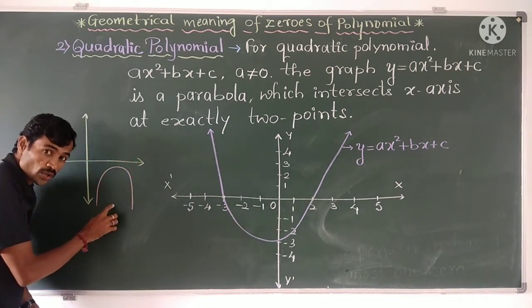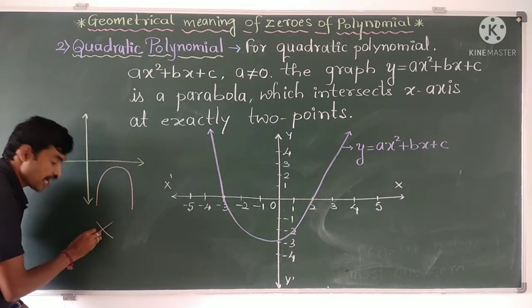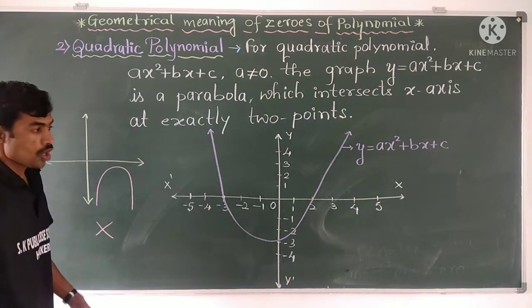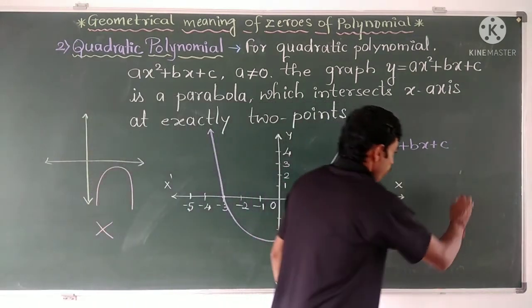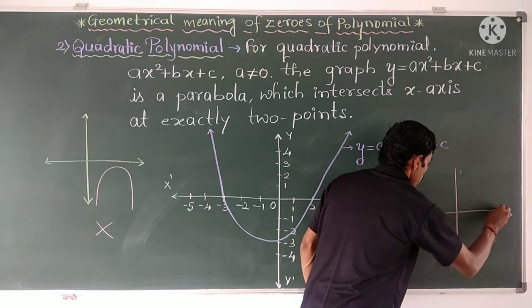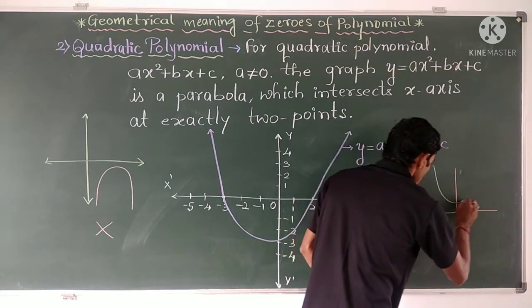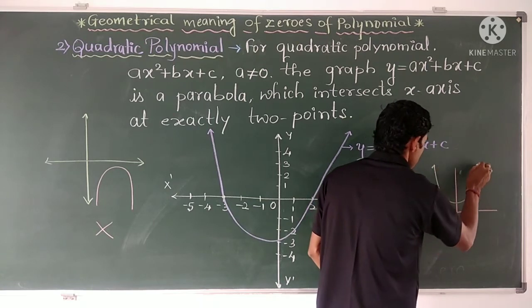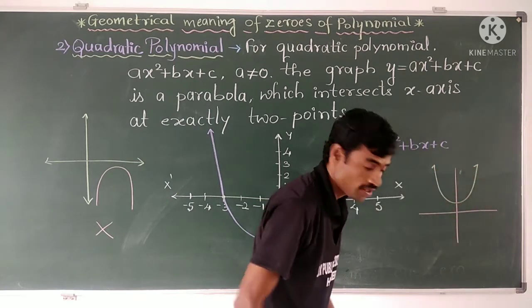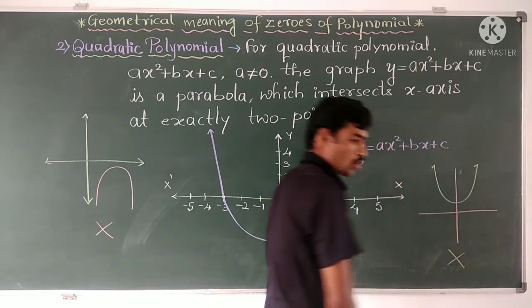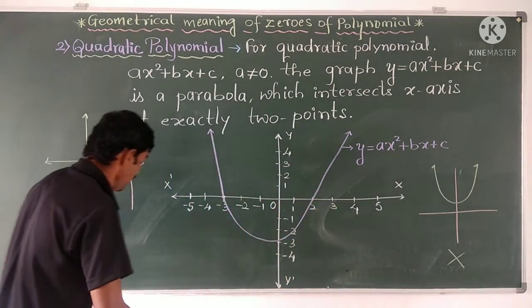Then how many zeros does this have? This has no zeros. One more diagram I will draw. This is the graph of a quadratic polynomial that will not intersect the x-axis. How many zeros? No zeros.